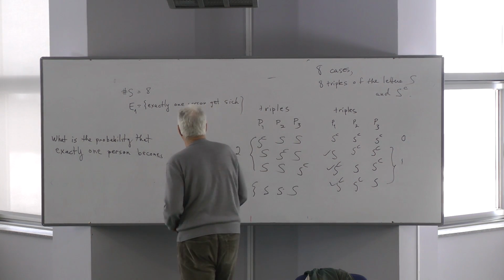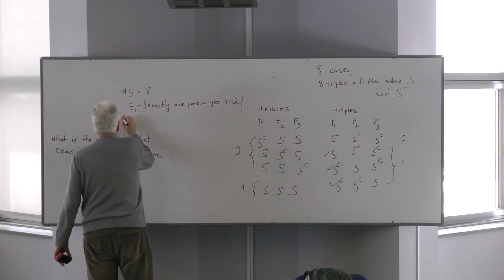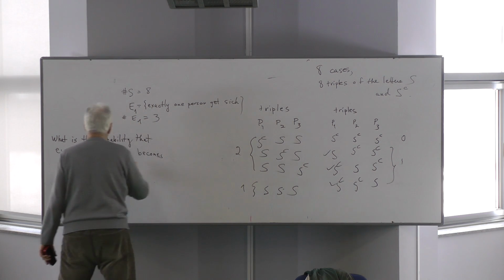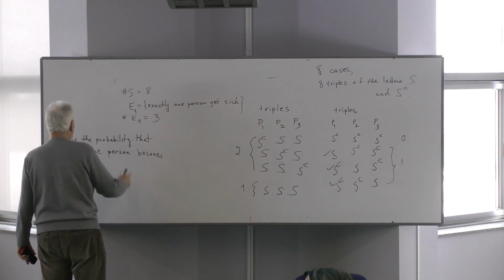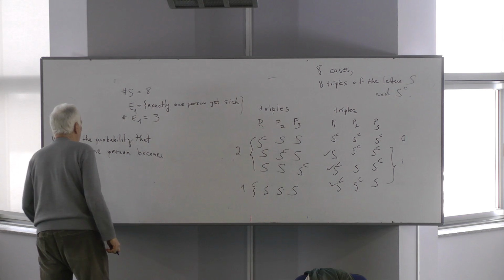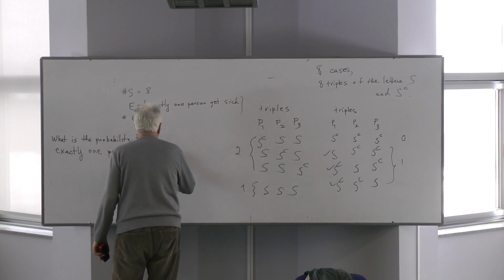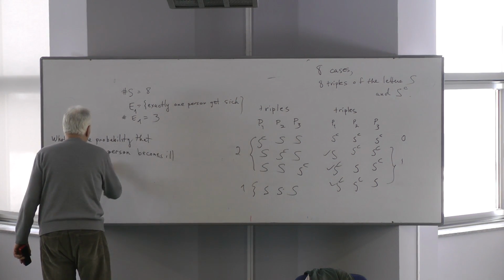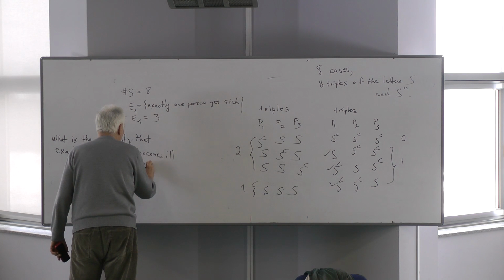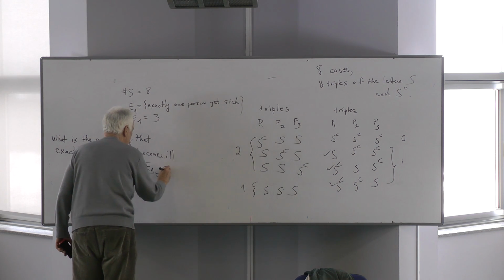There are three of them. So the number of elements in E1 is 3. The probability that exactly one person becomes ill is the number of elements in E1 over the total number of cases in S, which is 3/8.